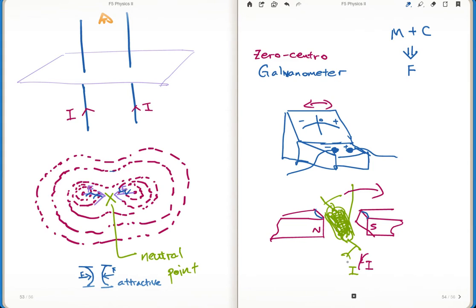Depending on whether the current flows in or out, by using the left-hand rule, the needle will deflect to the left or to the right. The same machine is used here.